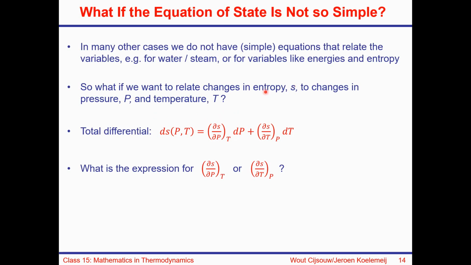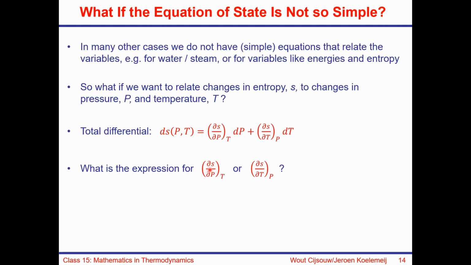Let's take a look at this particular total differential dS, where we make the entropy dependent on the pressure and the temperature. Well, this all makes sense. This is what we just learned. This is how you write out a total derivative in terms of partial derivatives with respect to the independent variables.